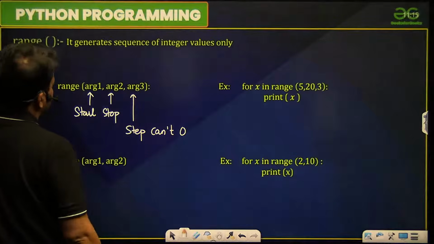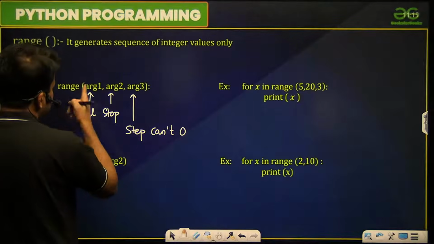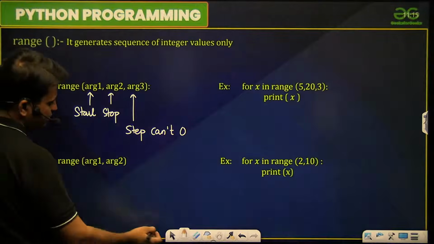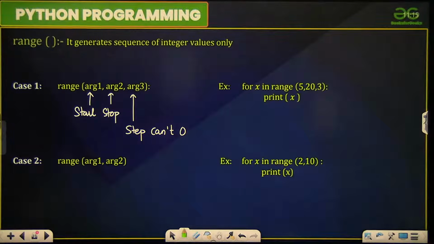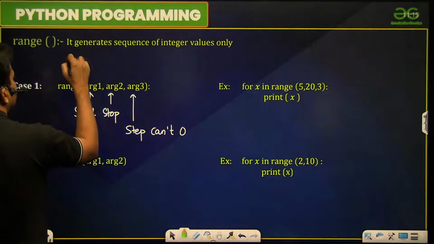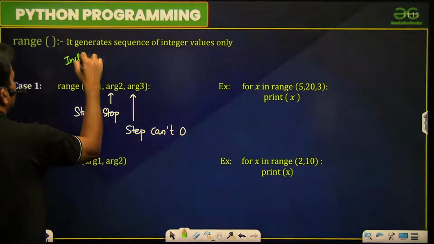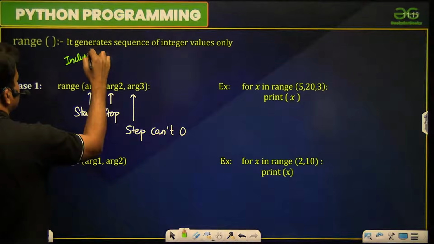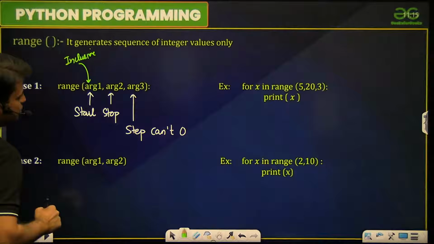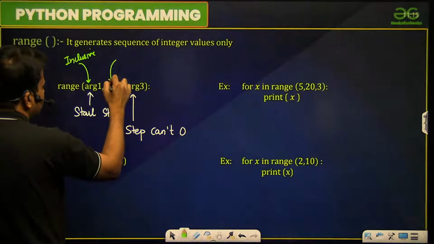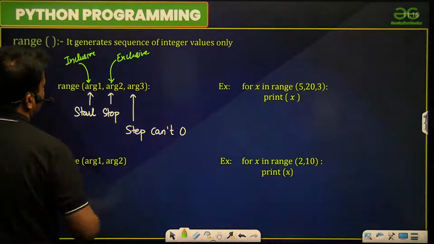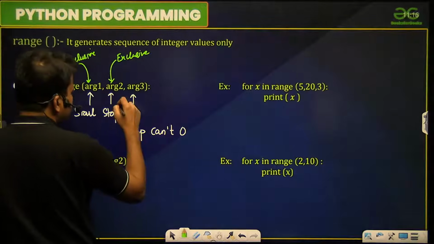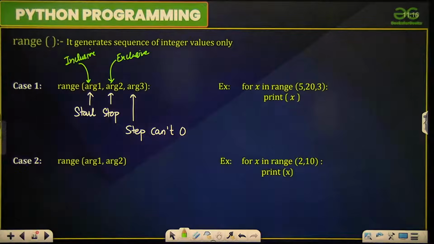Now here, start is inclusive and stop is exclusive, student. Start is inclusive, and stop is exclusive.